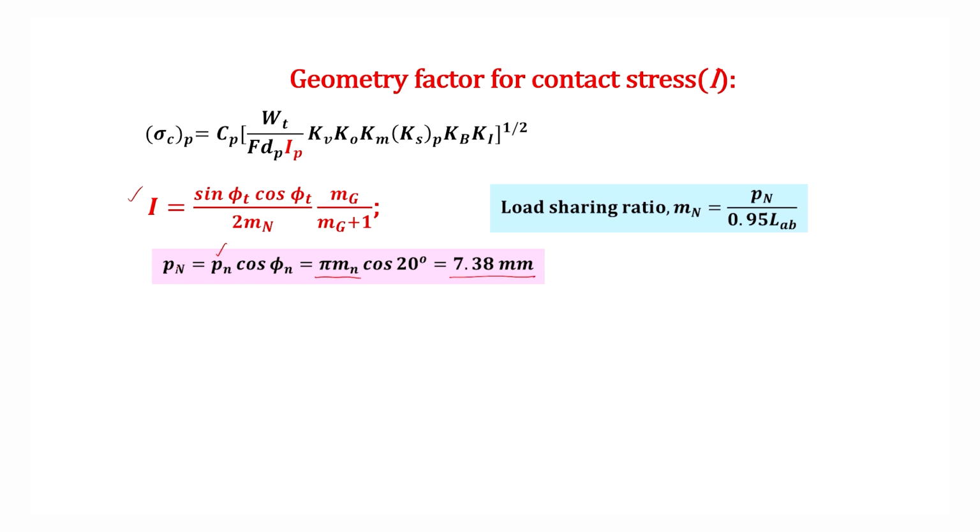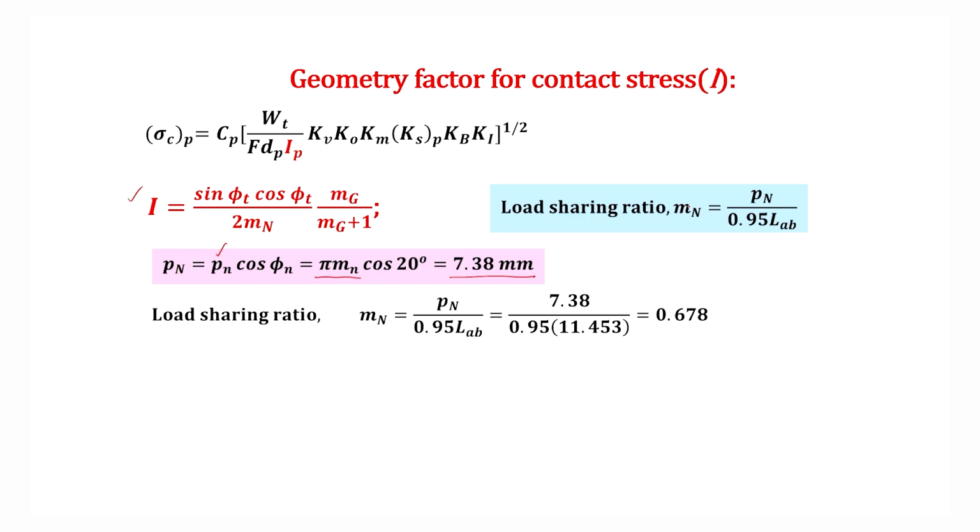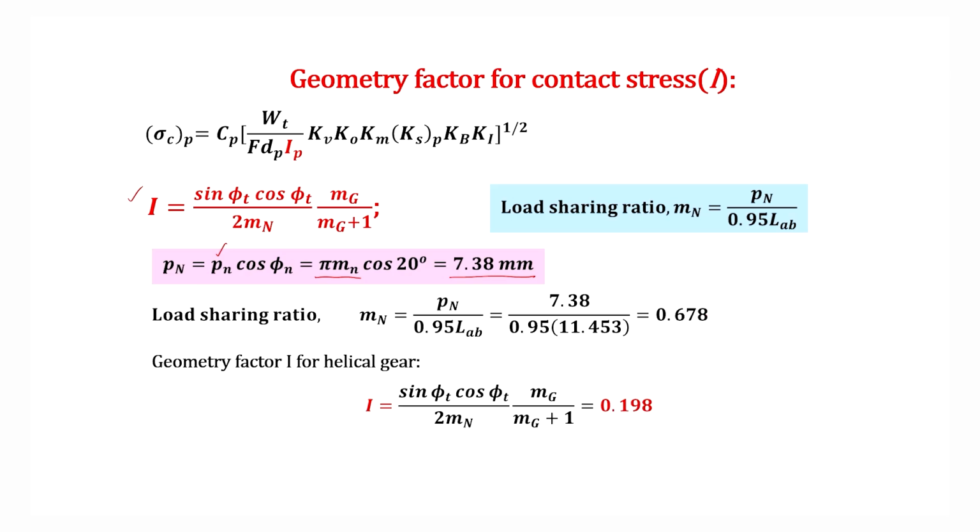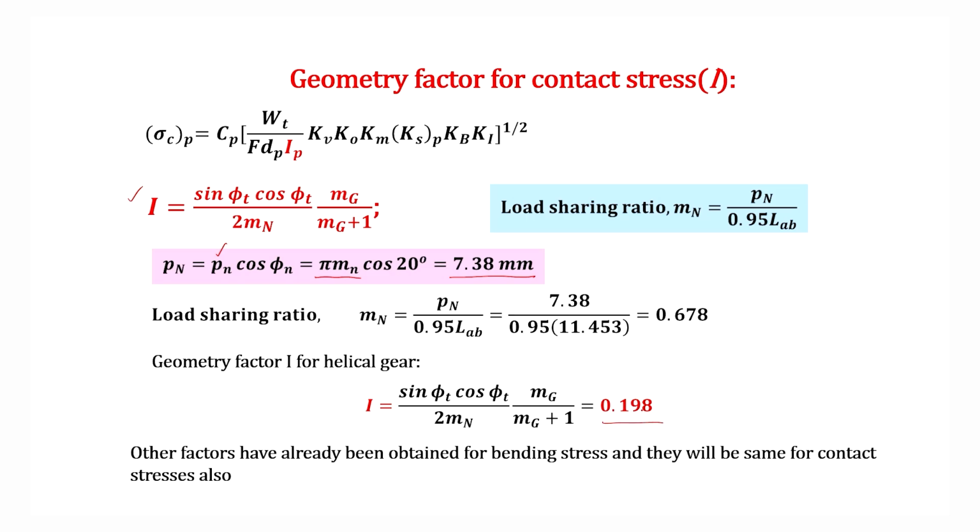Substituting this, we get the value of Pn, and thus we will have this mn. mn is equal to 0.678, and thus substituting the values of mn and mg in the equation of I, we get the value of I as 0.198.